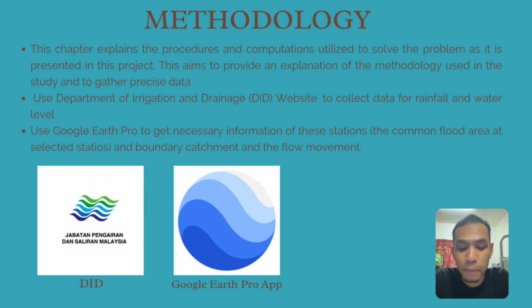We also use Google Earth Pro to get necessary information on the station, the common flow area at the selected station, the catchment boundaries and the flow movement. Figure 1 is from the DID website, and figure 2 is from Google Earth Pro.